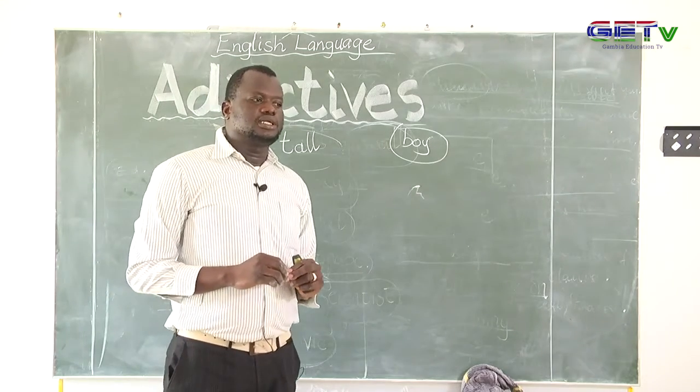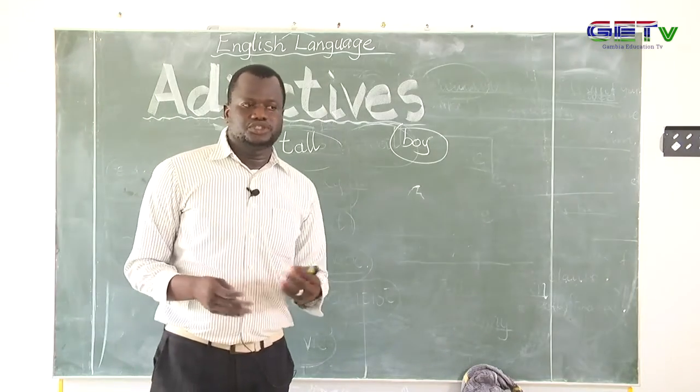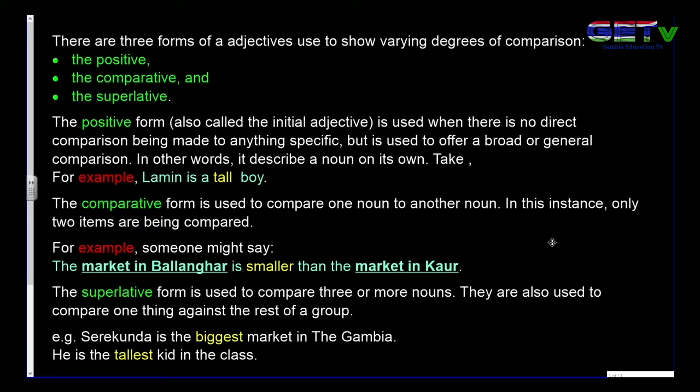We move on now to the comparative form. The comparative form is used to compare one noun to another noun. In this instance, only two things are being compared. Remember the positive? We look at a general comparison, but here we are comparing one noun to another noun.